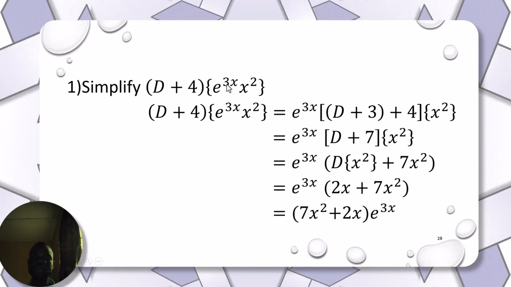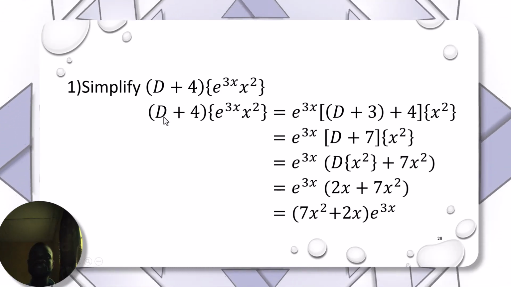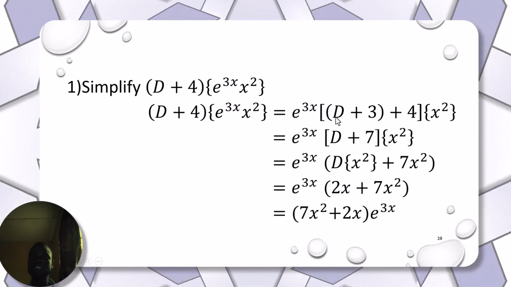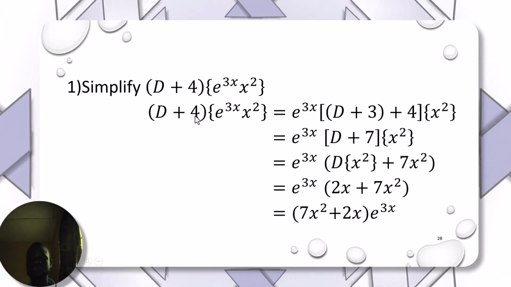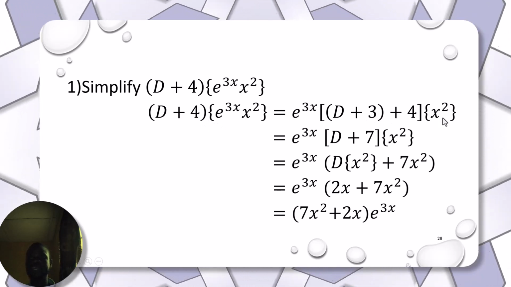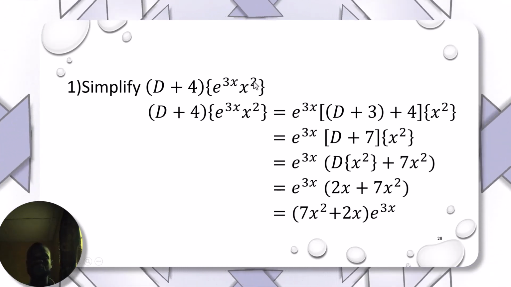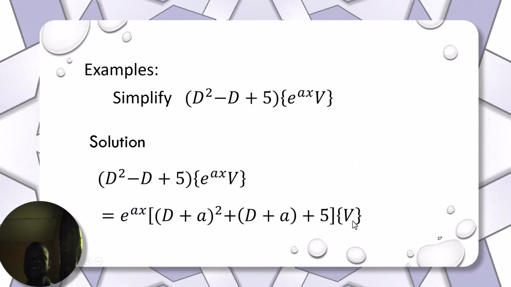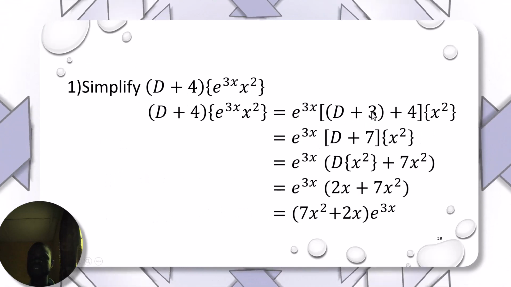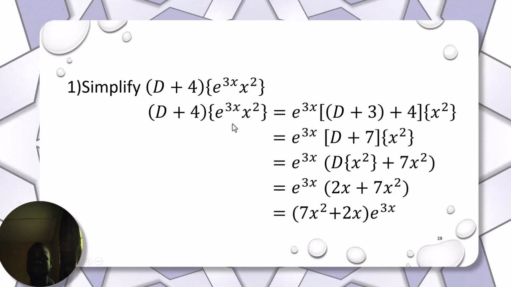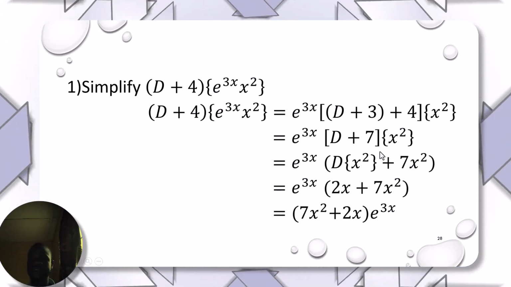Now what is our a? Our a is 3 here. So in place of D, just remove D and put D plus a. A is 3. Then you see I have plus 4. Then I have my function outside, just like the way we explained here. You see the function is still outside. So I have D plus 3 plus my 4 that is here, then I have the function of x, which is this.